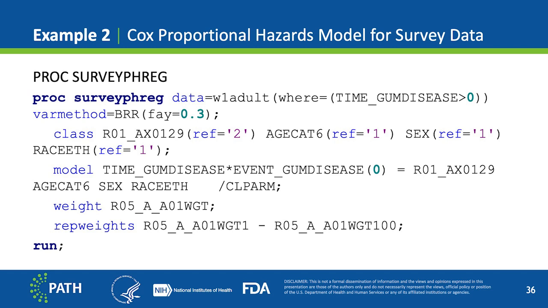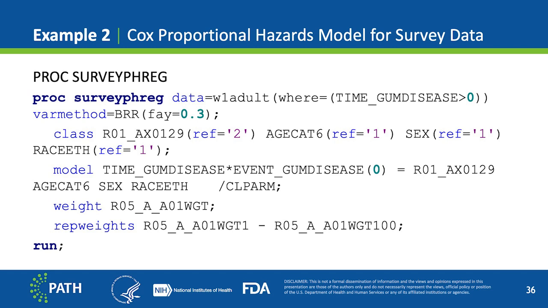Next, we need to apply the survey weights to our analysis with the Cox proportional hazards, or Cox PH, model. To do this, we need to use PROC SURVEYPHREG. In PROC SURVEYPHREG, we need to specify the dataset we are going to use and whether to subset it.